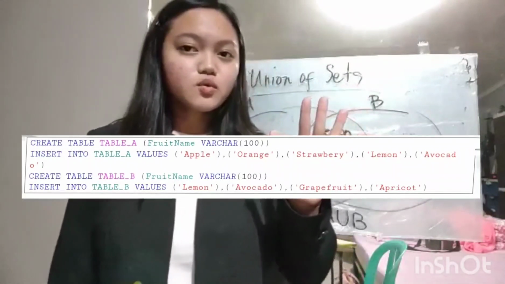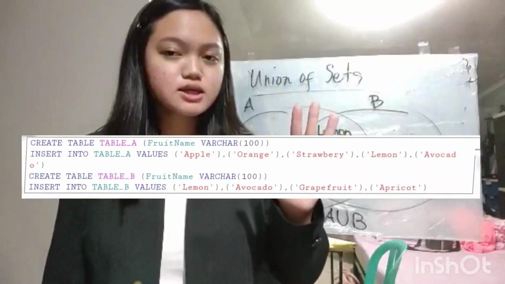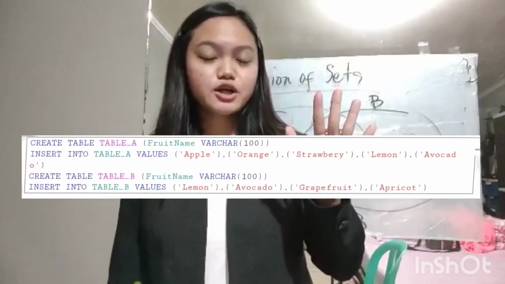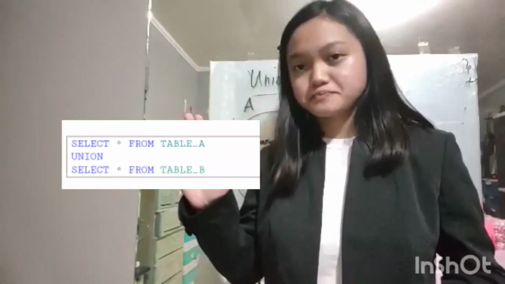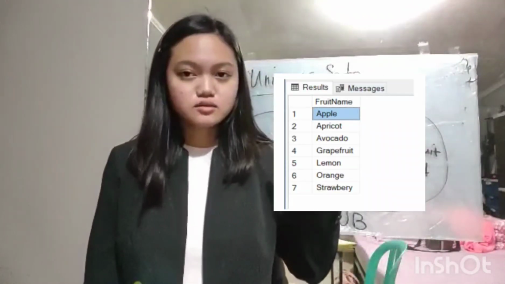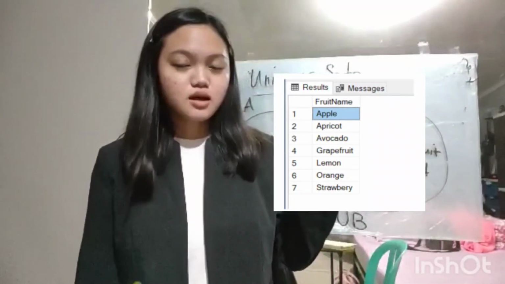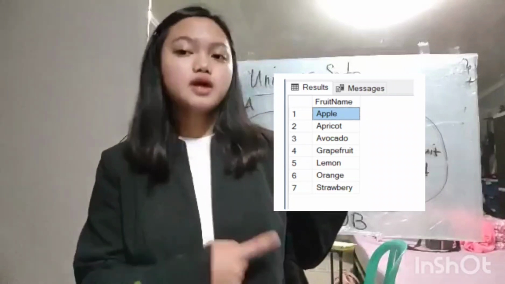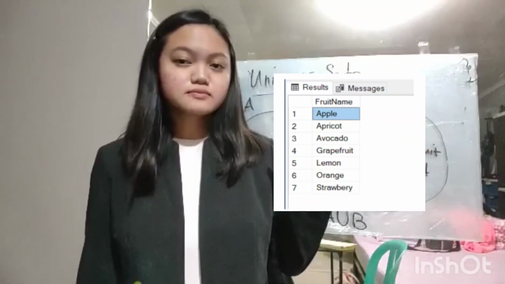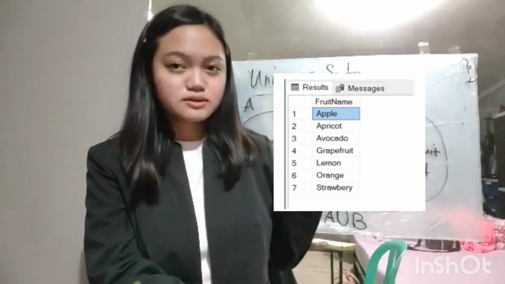When you use the union operator in SQL Server, this will be the query, and this is the result. When we union the two sets, the result will be similar to A union B.